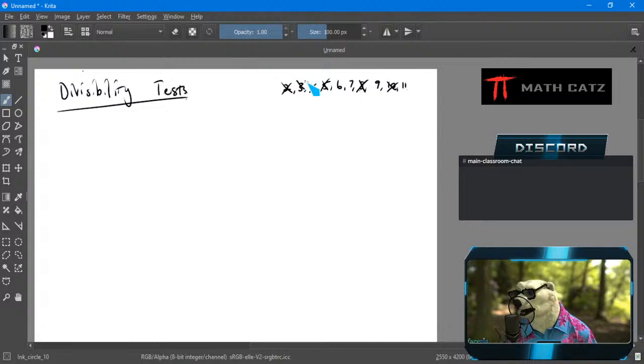And then we also looked at 3, and we saw that we wanted to do something similar to 4 and 8, but 3 is just not the same kind of number. We had to pull the number apart much more. What we ended up with is that our comparison number is the sum of all the digits.